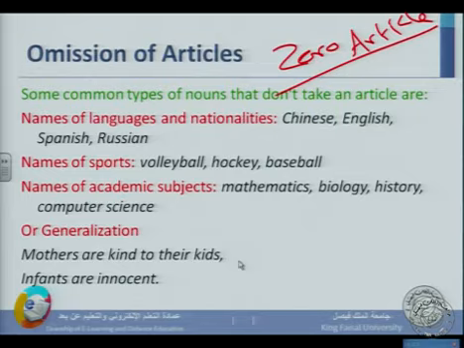We don't use the articles with the academic subjects. Also, we don't use articles with generalizations. في التعميمات. مثلا, mothers are kind to their kids. All mothers are kind, with no exception. So we don't actually use articles with it. Also, infants are innocent. All infants are innocent. كل الأطفال الرضع بريئون. So we don't say the infant is innocent. Okay?